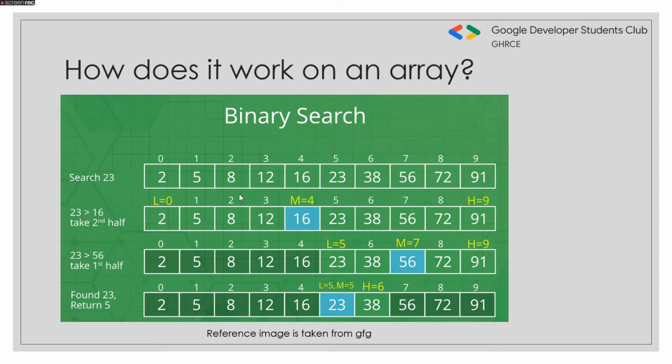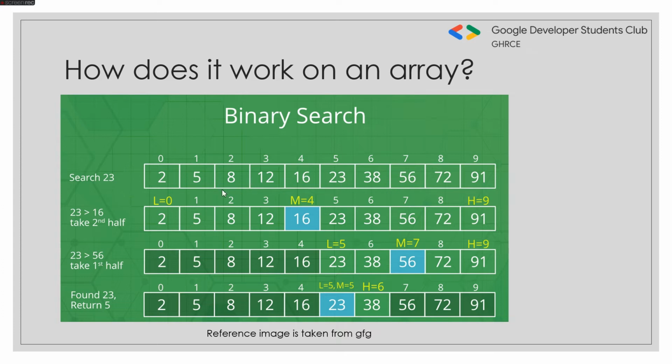So how do we perform binary search in this case? We keep the low pointer at the 0th index initially, and the high pointer at the last index, which will be the size of the array minus 1, in this case 9. As I told you in the dictionary example, we randomly open the middle page, and then we compare our key with it, and then we keep doing that. In the same way we are doing here.